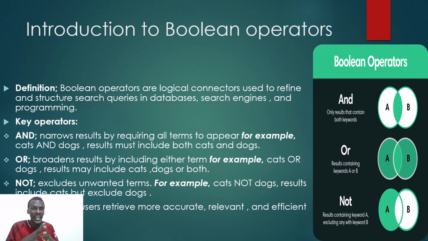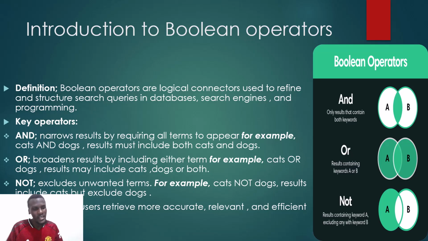Everything that you search will have both cats and dogs. If you use the Boolean operator OR, it will broaden the results by including either term. For example, cats OR dogs, which means that you will have cats alone, you will have dogs alone, or you will have cats and dogs at the same time.